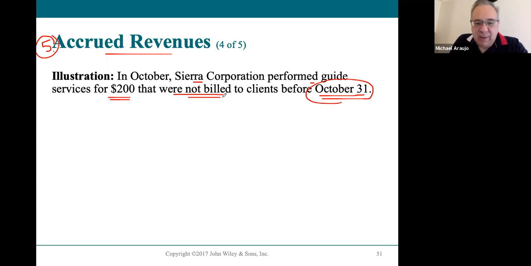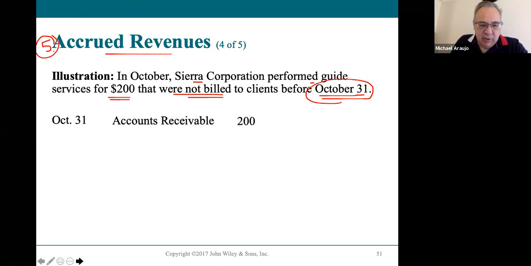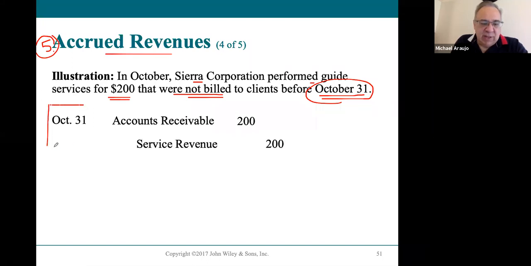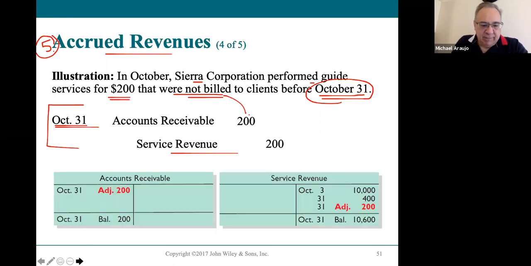Well, we haven't billed them yet. So now we have to do an adjusting entry to make sure the revenue is there. And the adjusting entry would simply be setting up an accounts receivable for that $200 so we can bill the client, and making sure that $200 is in our revenue in October when it happened. And that's basically all we're doing here.